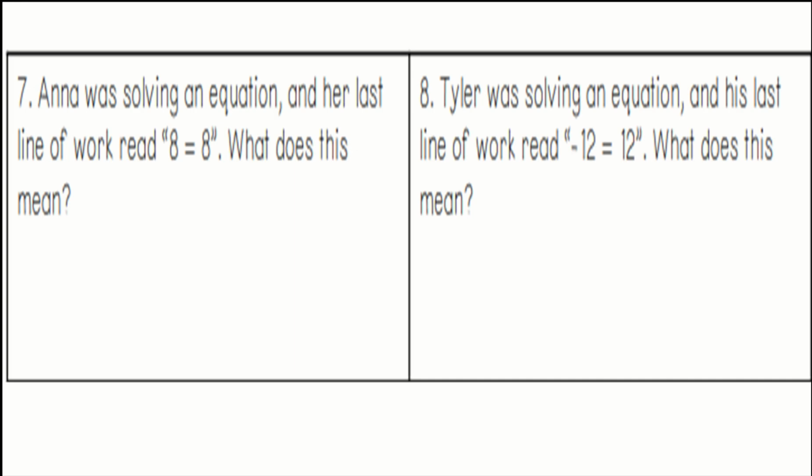All right, so the last 2 things on there, just a couple questions. Anna is solving an equation. When she gets down to her last line, she got 8 equals 8. Who can tell me what that means?